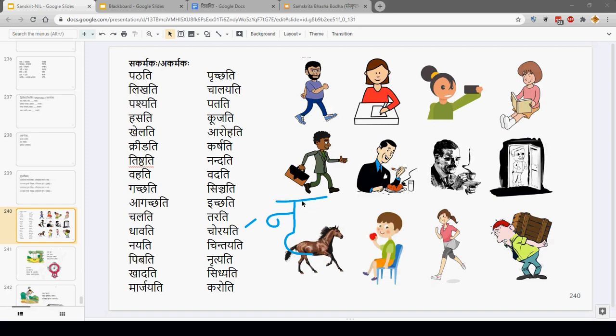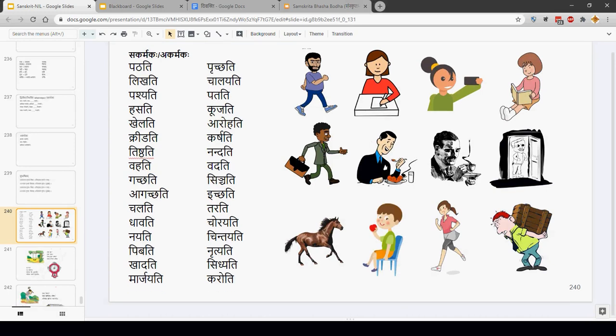The first one is in Ru, and then after, ya. Together you pronounce them: Nritya, Nrityati. Nrityati means dances. I think I should dance it. Yeah. So it can be intransitive. Yes.